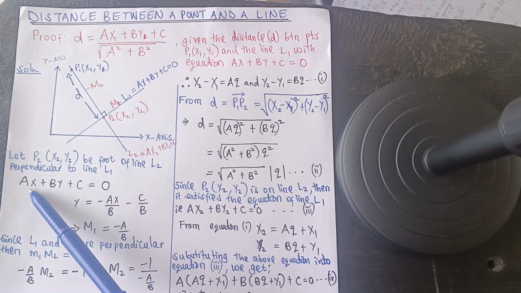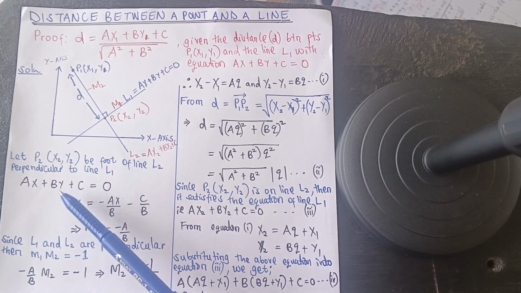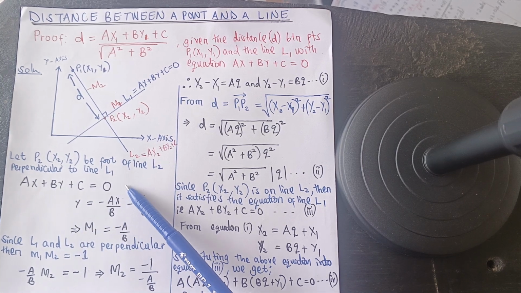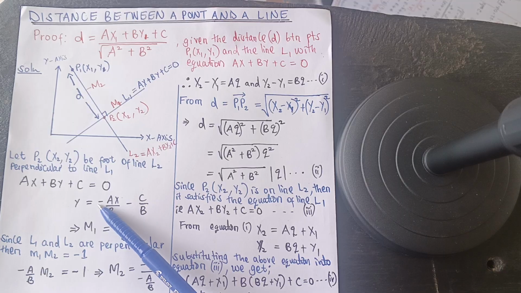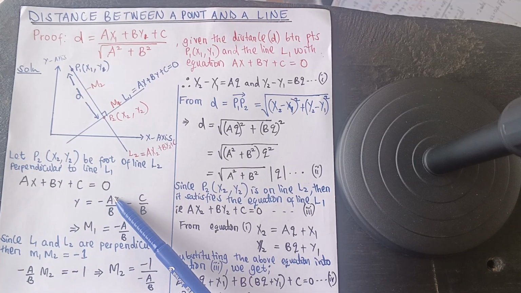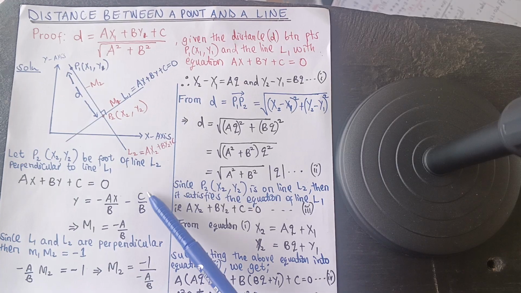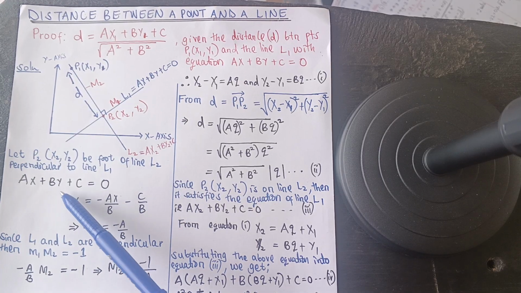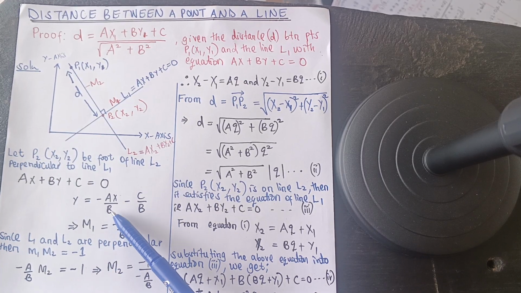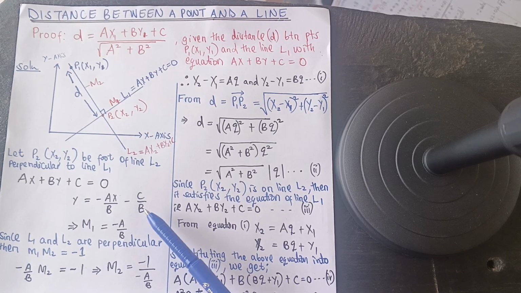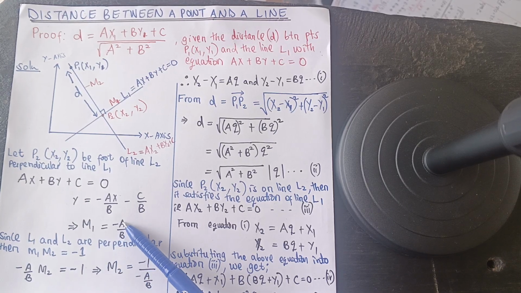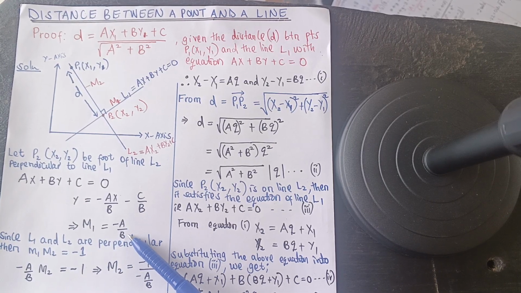We have ax + by + c = 0, meaning y = negative ax; if you move c to the other side, it will be negative c, divided by the coefficient of y, which is b. Therefore, m1 is going to be negative a over b, which is the gradient of this line.